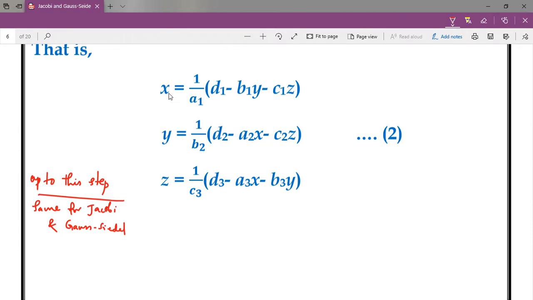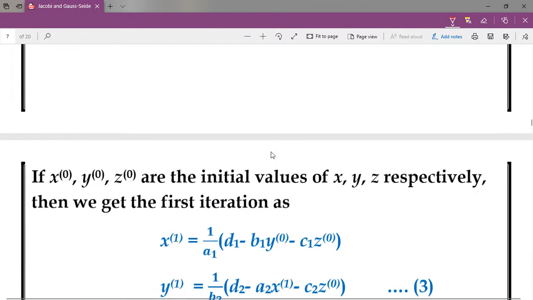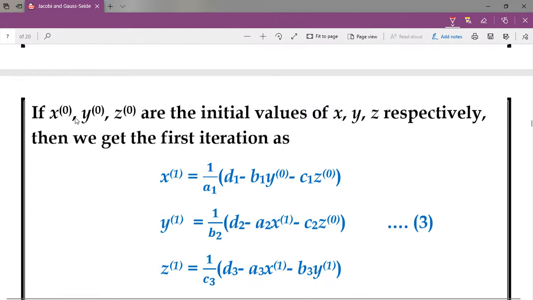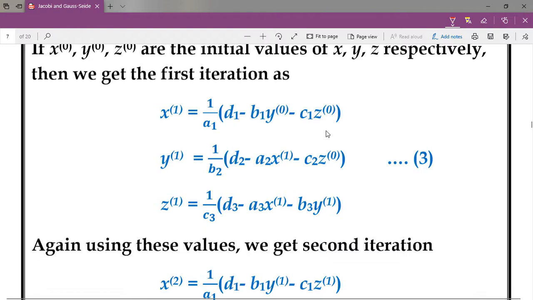So in the Jacobi, what we do, we use x naught, y naught and z naught as the initial approximation. But what we are going to do here, after finding x1, we are using y naught and z naught, fine, initial values.